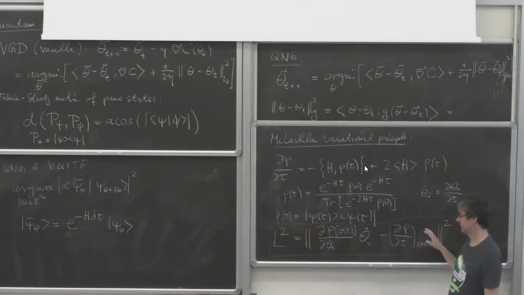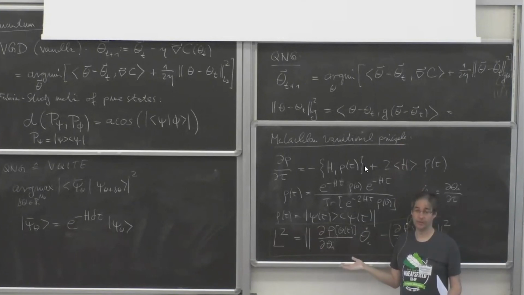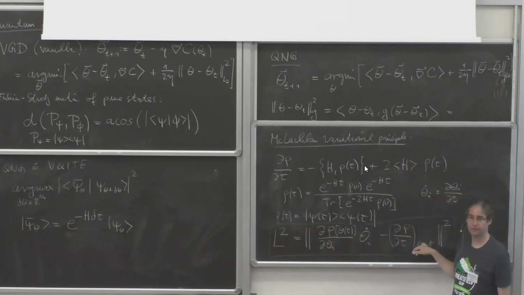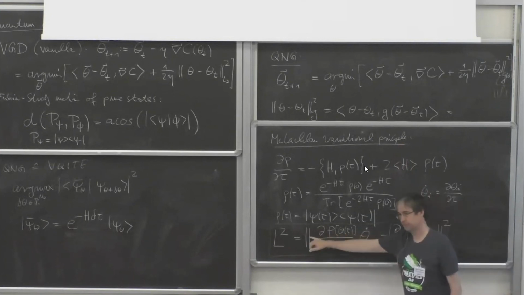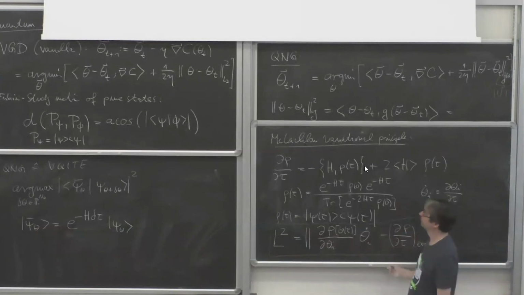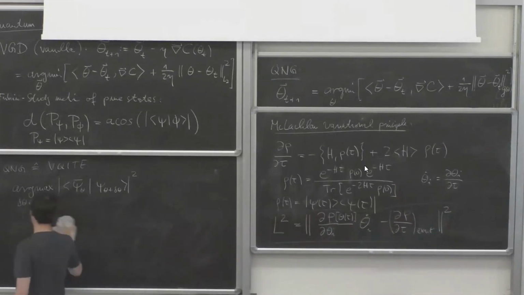This is as good as I can do in the space of my variational states. That doesn't mean I'm doing very well. If your parameterization doesn't allow you to follow the exact imaginary time evolution, then that distance may not be very small. It may still be a minimum, but it doesn't mean that it's small.